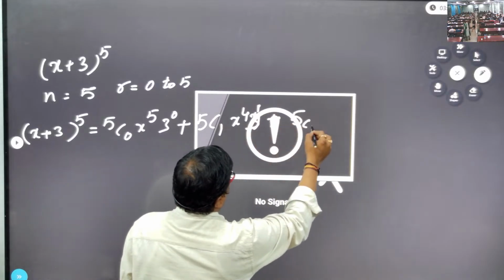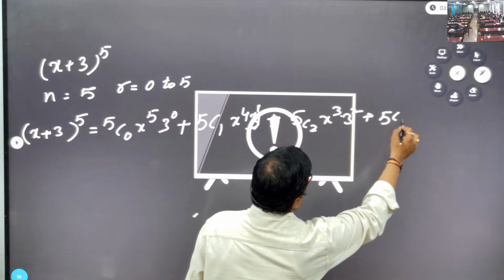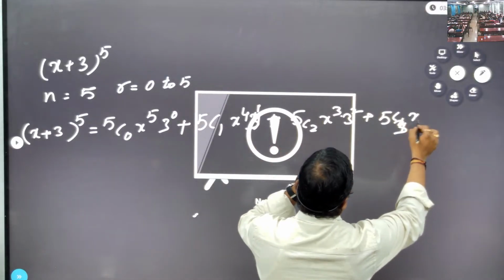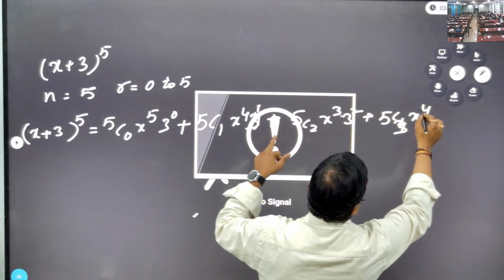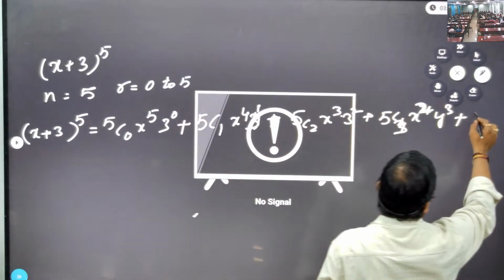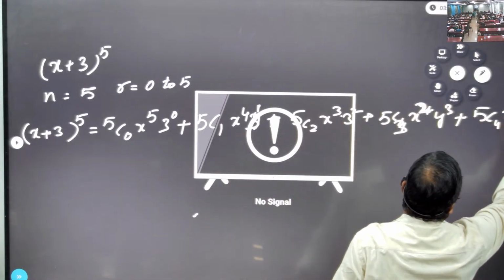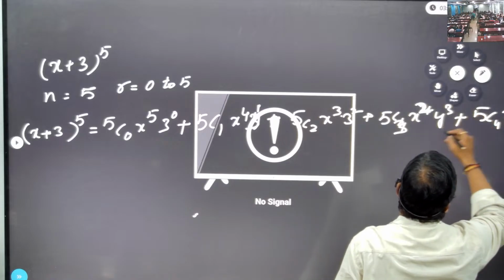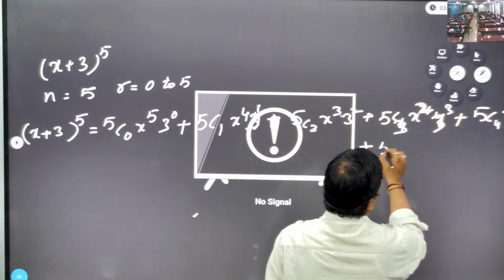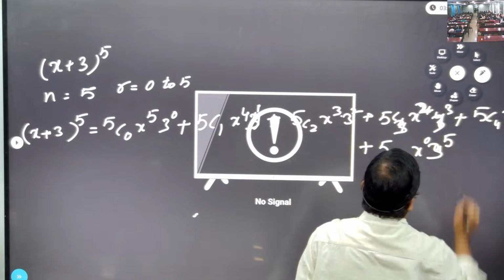Next 5c2 x power 3, 3 power 2, plus 5c3 x power 2 y power 3, plus 5c4 x power 1 y power, that is 3 power 4, plus 5c5 x power 0 y power, that is 3 power 5.